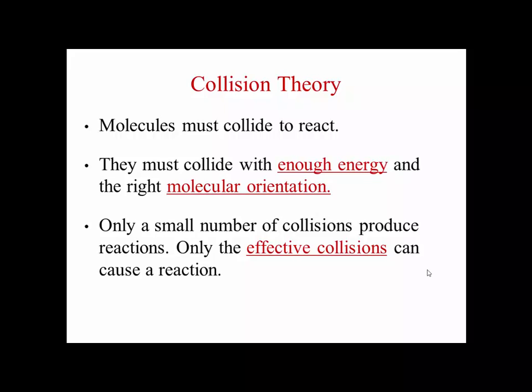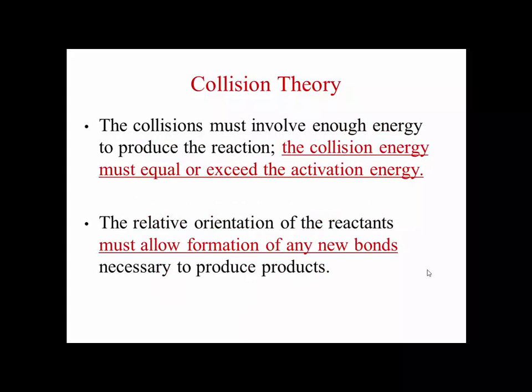Not all of your collisions are effective. They don't have those two components of enough energy and the right orientation. So the collision energy must equal or exceed the activation energy, and the orientation must allow for bonds to break and new bonds to form.